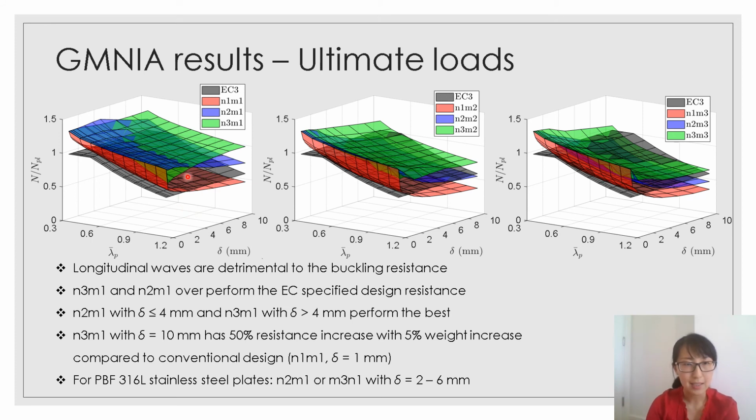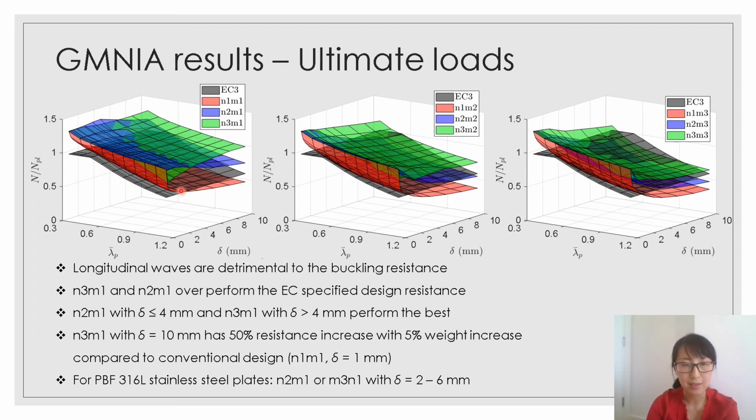And the best cases are N3M1 and N2M1 with imperfections smaller than 4 mm and higher than 4 mm respectively, at very small weight increases. So for example, the N3M1 case with the imperfection of 10 mm has a 50% resistance increase compared to the conventional design value, but at only a 5% increase in weight.